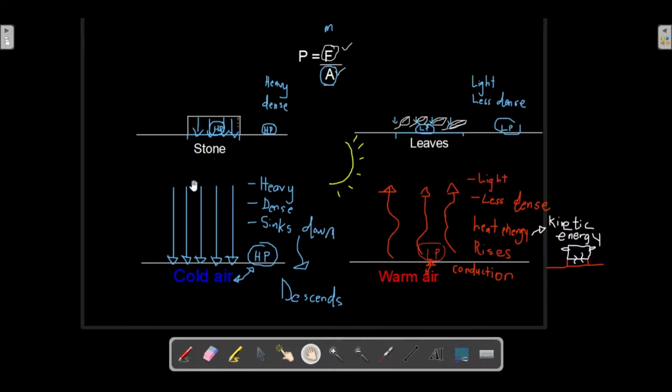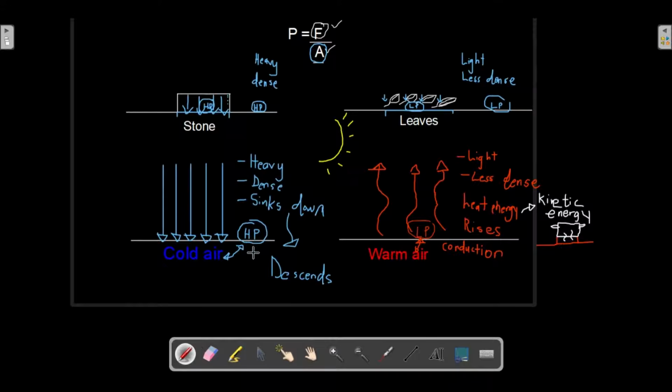Whereas your anticyclones, your Kalahari, your South Indian and South Atlantic, those of course have cold air masses that sink down, and hence they are called anticyclones. So an area of high pressure is also called an anticyclone.